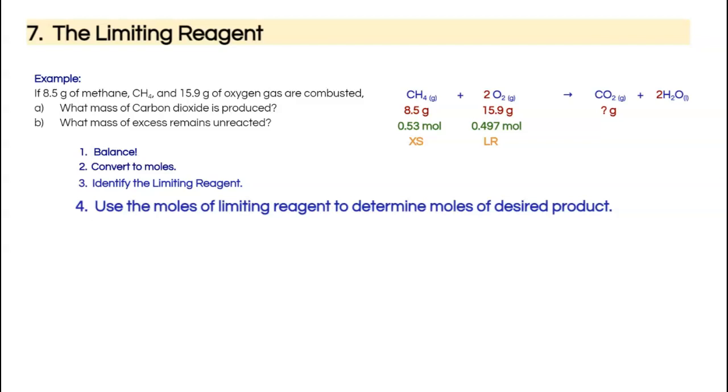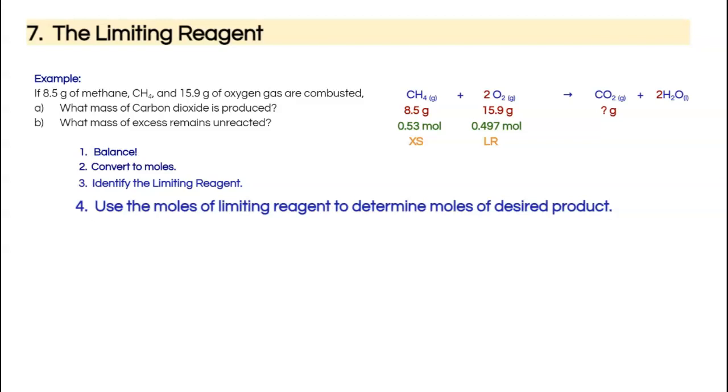So now the question says we're going to use the moles of limiting reagent to determine the moles of desired product. At this point, now that we've figured out that oxygen is our limiting reagent, we can just ignore this part right here, right? And so I'm going to use the moles of my limiting reagent to predict how much product. Let's do it.